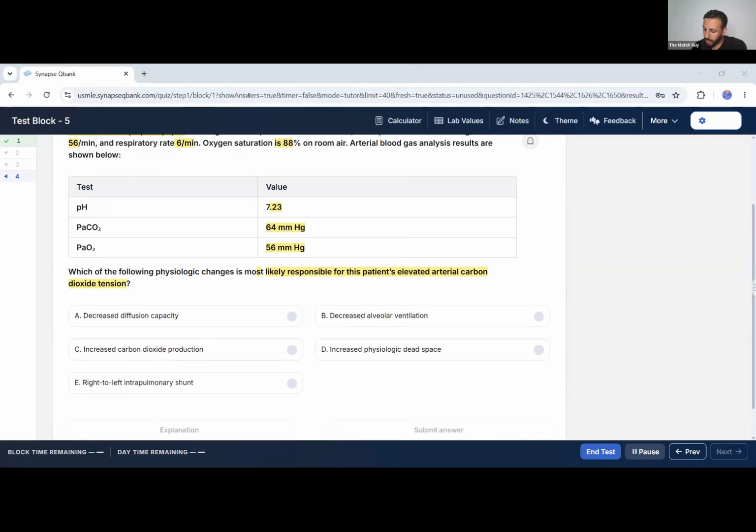We said that the partial pressure of oxygen in the alveolus is going to be 150 minus the PaCO2, 64, over 0.8. I want to have a calculator.